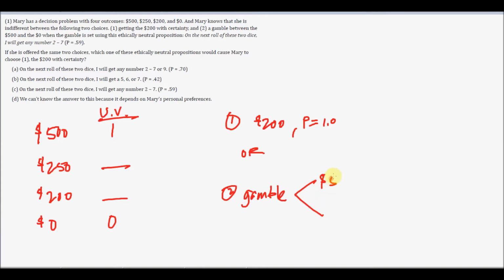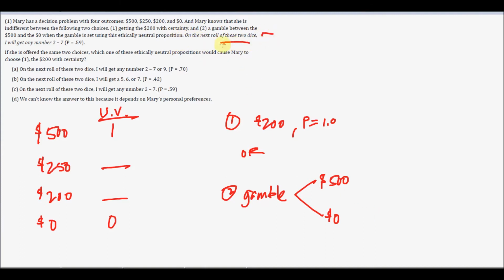So if she wins the gamble, she gets 500. If she loses the gamble, she gets 0. So Mary's indifferent between these two choices when the gamble is set up in terms of this ethically neutral proposition.